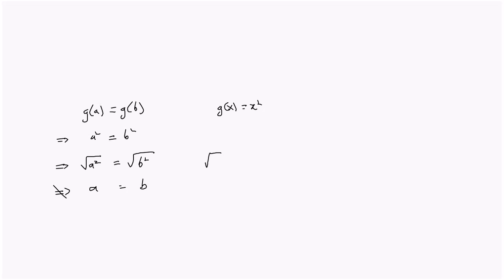Is it equal to A? Yes, that's right. It's actually equal to modulus A. The square root of B squared is equal to modulus B. So you can't successfully say that A equals B. It doesn't work. That's the problem here.